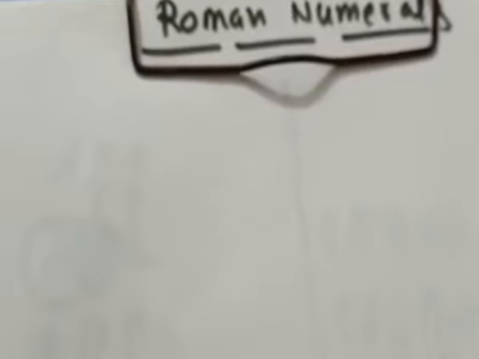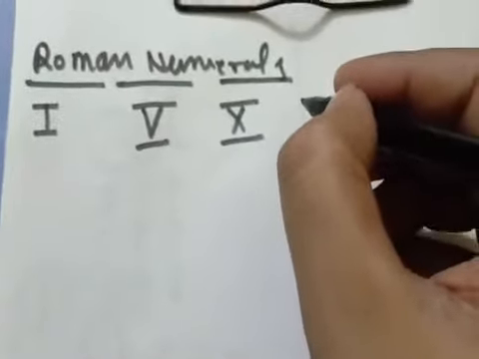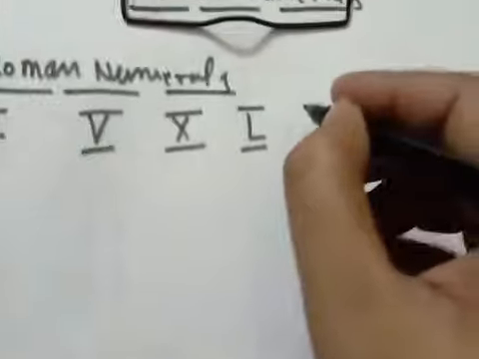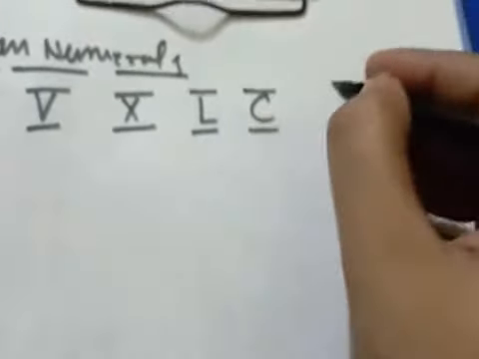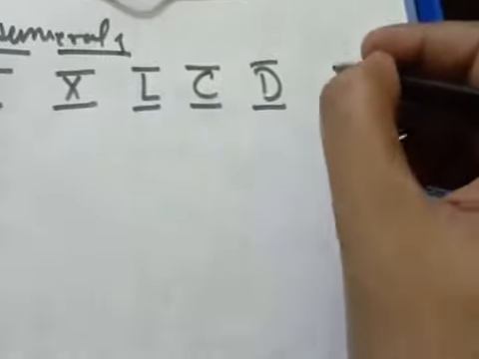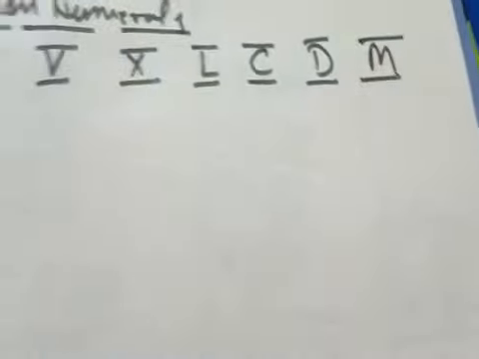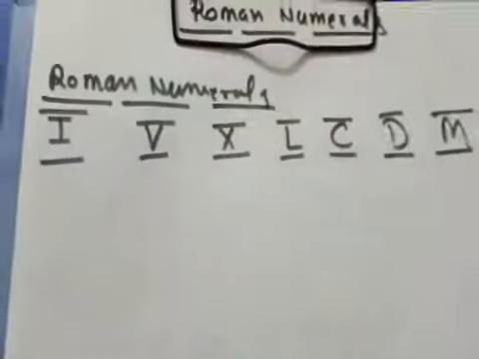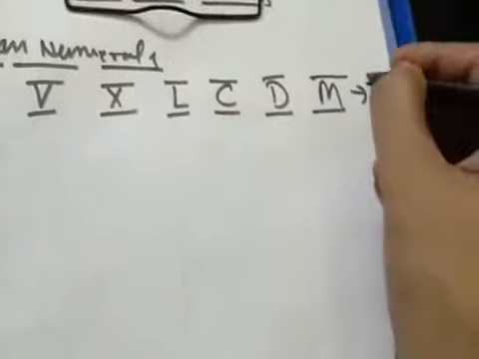The symbols are I, V, X, L, C, D and M. So these are the symbols, and there are 7 of them.